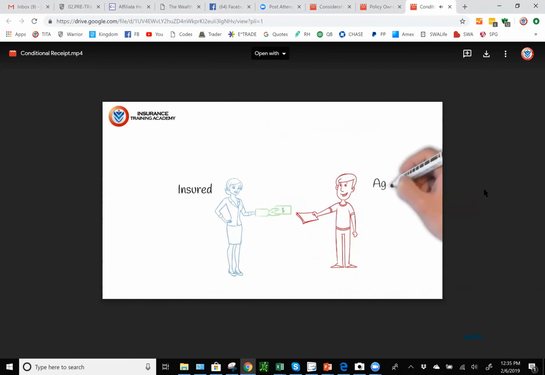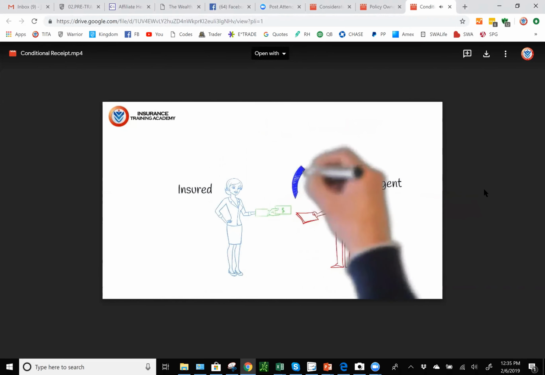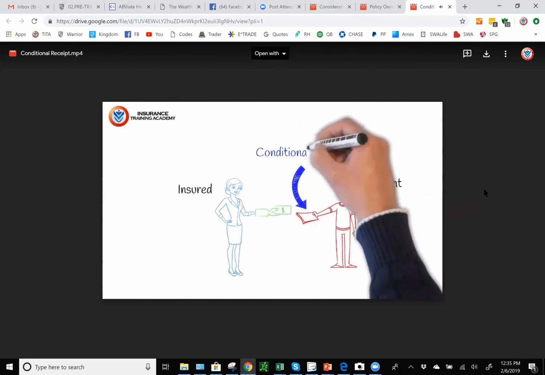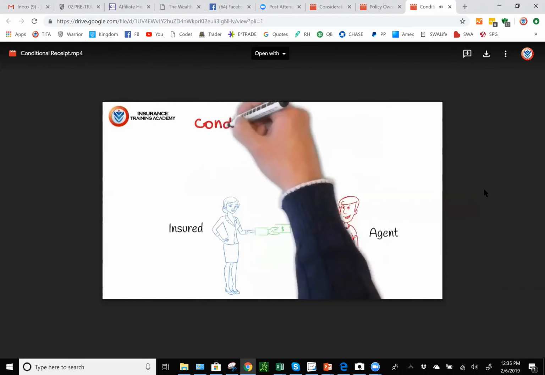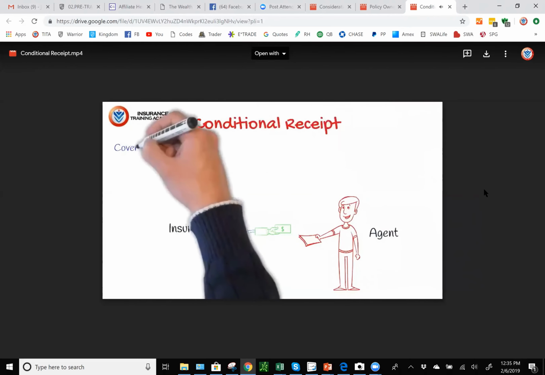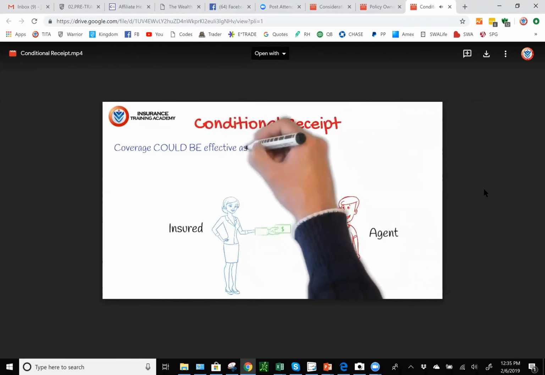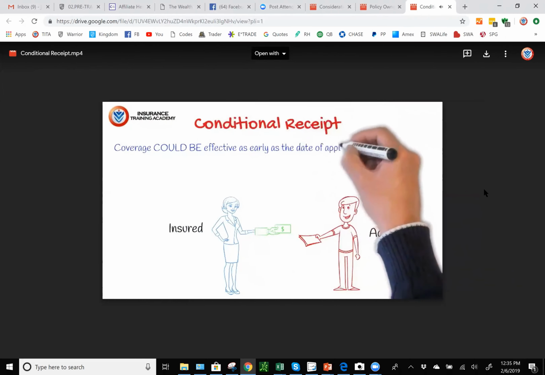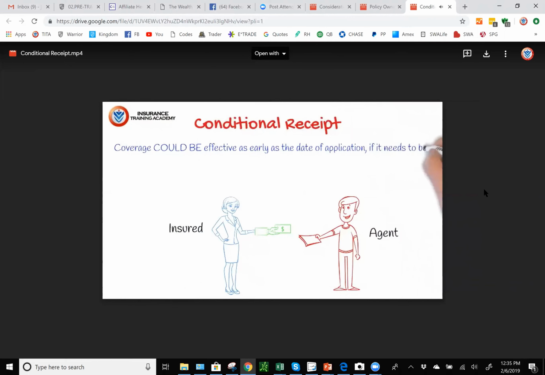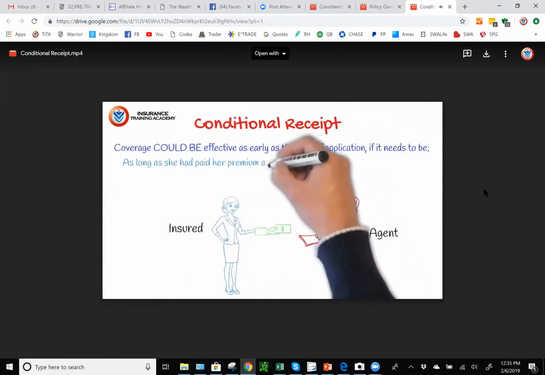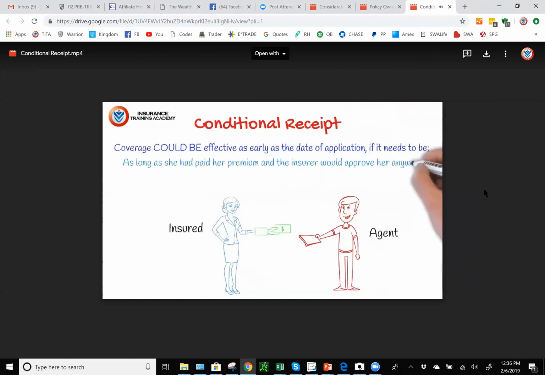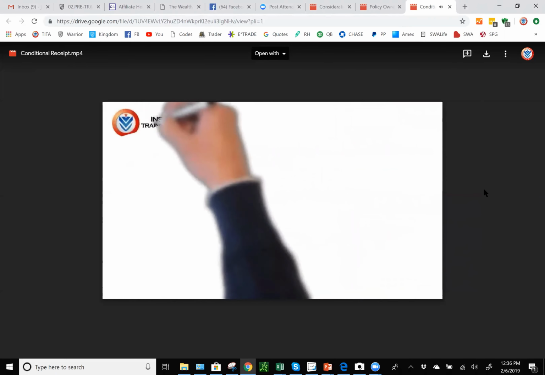The whole purpose behind a conditional receipt at this point says that coverage could be effective as early as the date of application if it needs to be, as long as she's paid that premium and as long as the company would approve her anyway. So let's look at the scenario.